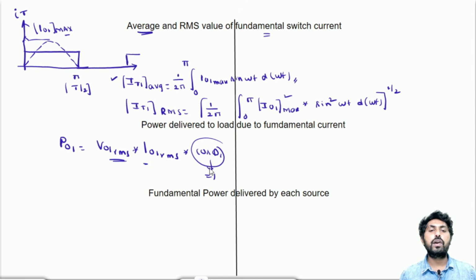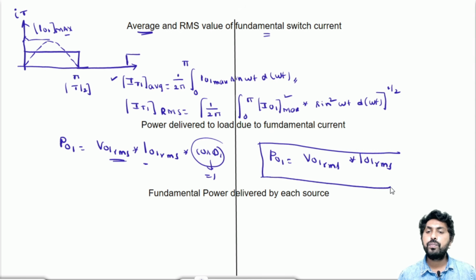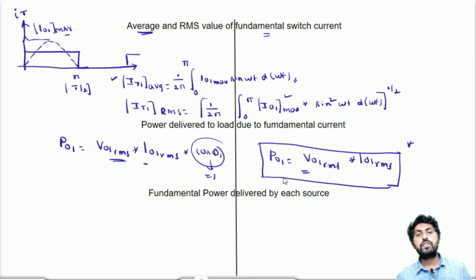So P01 equals V01 RMS into I01 RMS. This is important. V01 RMS and I01 RMS we can find from the Fourier series expression, so the power delivered to the load can be found from the Fourier series expression.